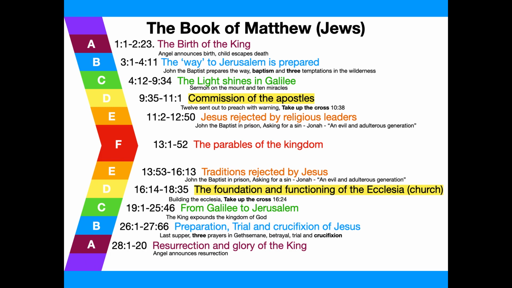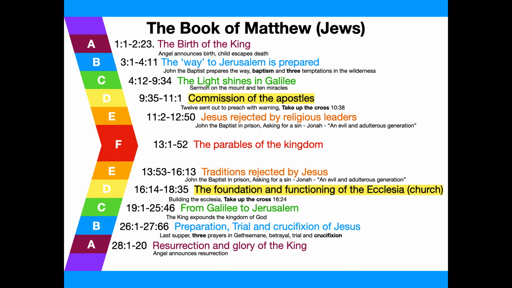So here we have an A through F chiasm, and it's interesting to note that the 2 extremes on the fins, the beginning and end, are the birth of the king, where the angel announces the birth, versus the resurrection of the king, where the angel announces the resurrection. So we have angels, beginning and end, in the book of Matthew.